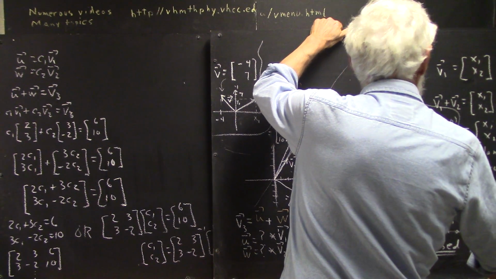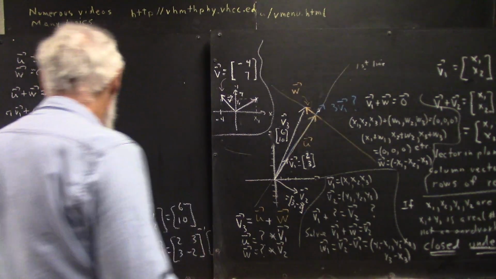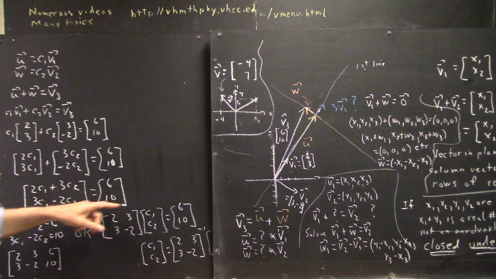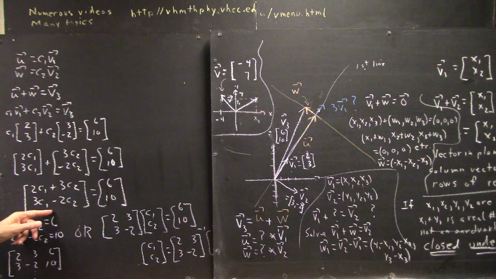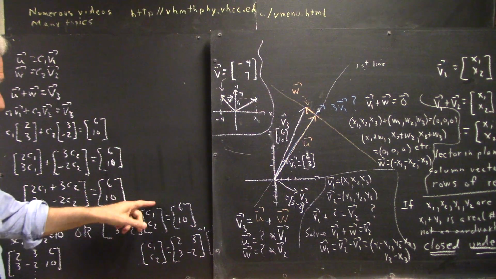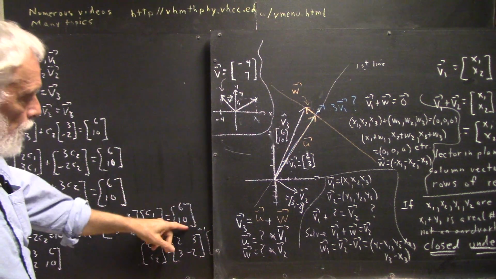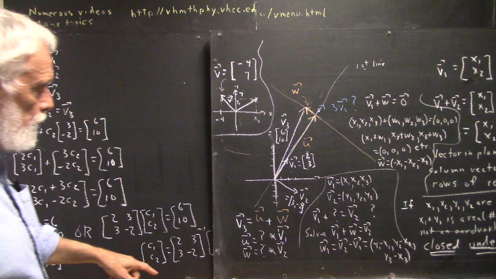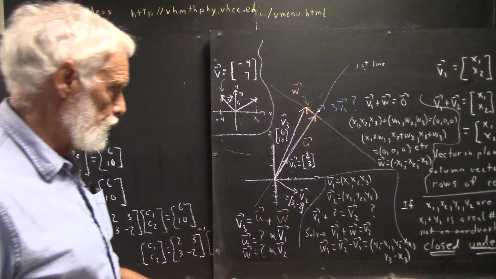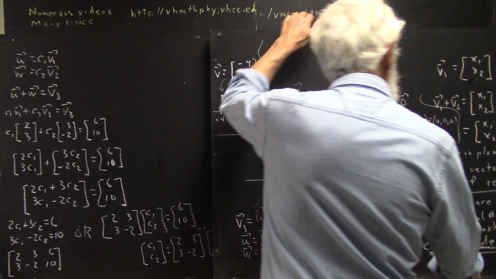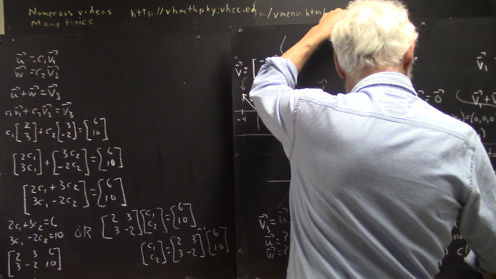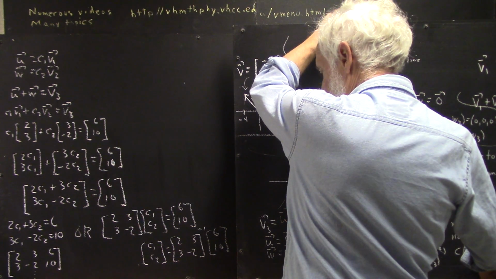The matrix equation would be the matrix 2, 3, 3, negative 2, the coefficient matrix, multiplied by the column vector C1, C2 equals the column vector 6, 10. So that C1, C2 is equal to the inverse matrix multiplied by the 6, 10 vector, that I'll show you just briefly because I'm past the point at which this thing will balance.